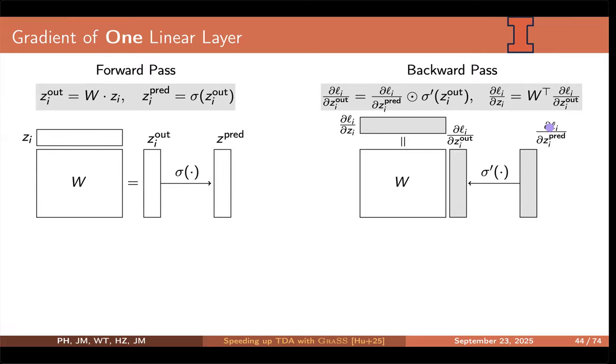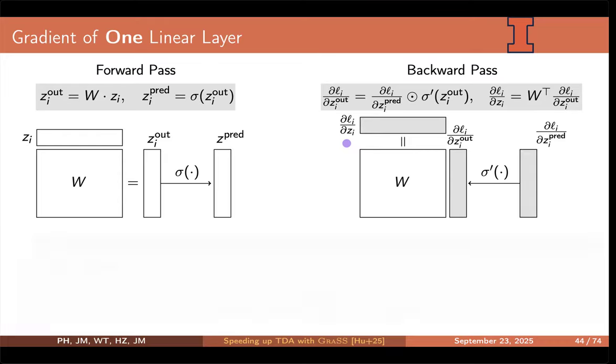For the backward pass, you first compute this, and then backpropagate, multiplying with the derivative of your activation function to get the gradient with respect to the output. Then you left multiply this with W, your weight, to get the gradient of the input. So this is essentially what happens when you do a forward-backward pass in a linear layer.